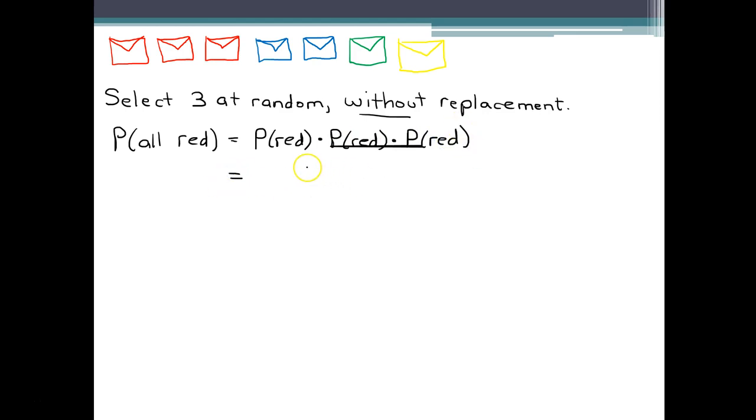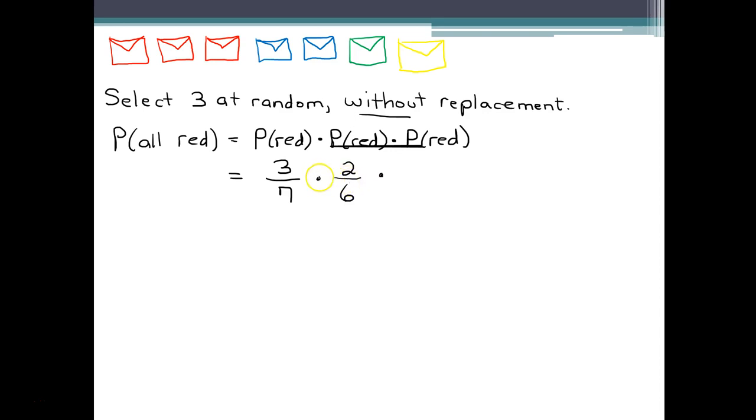Okay, without replacement. First draw, there's 3 reds out of 7 envelopes. What we're going to assume is that you picked a red, and without replacement means you keep it, like you put it with your little pile or whatever, and when you go to draw the next envelope, the stash is now missing that red envelope because it was without replacement. So on the next draw, there's 2 red envelopes left out of 6 remaining envelopes.